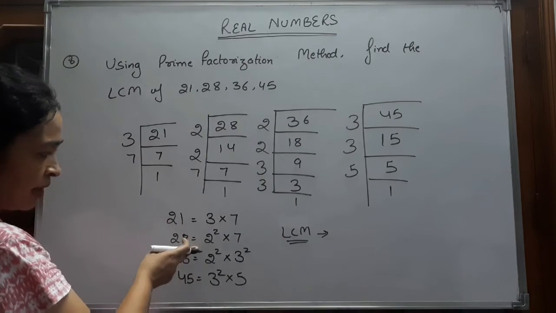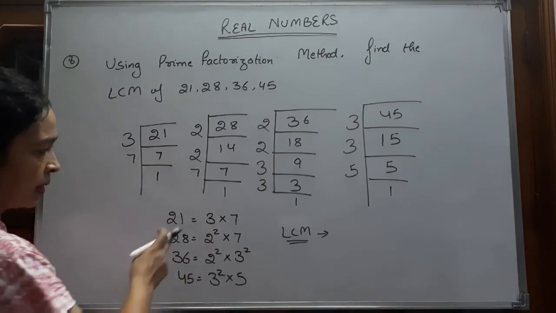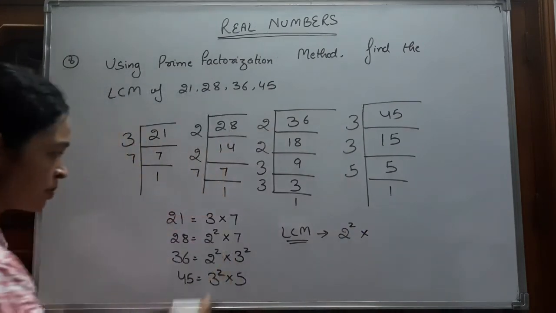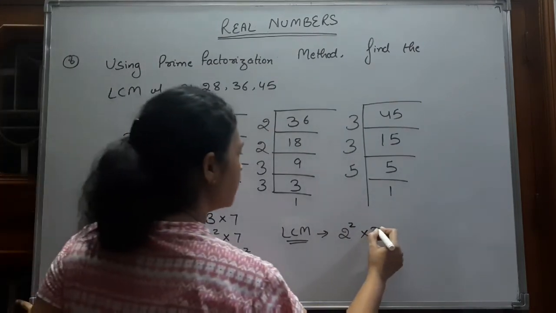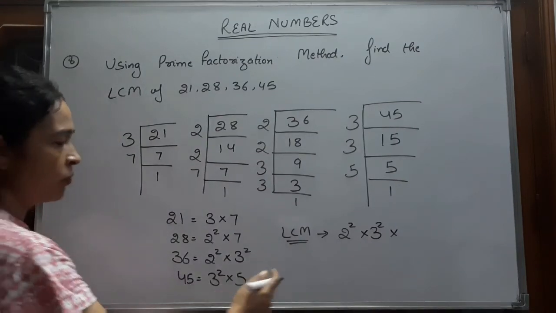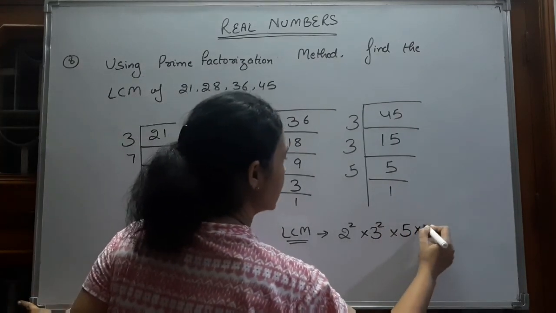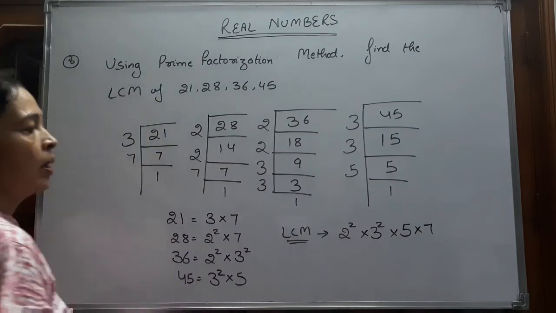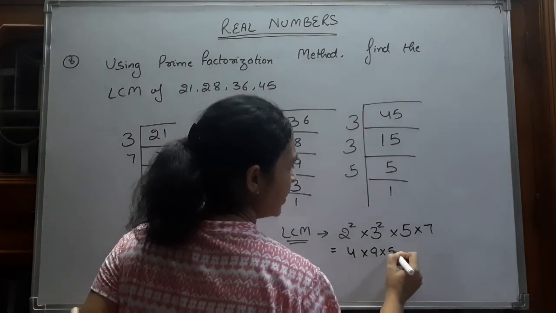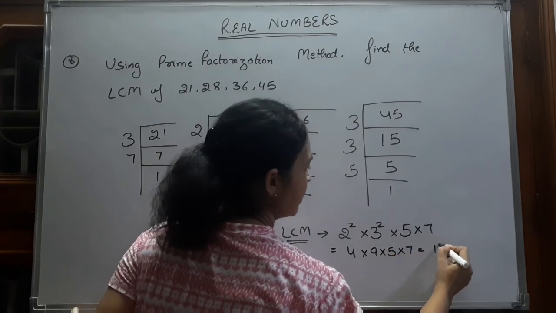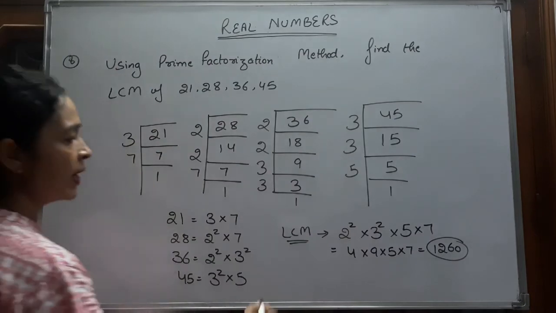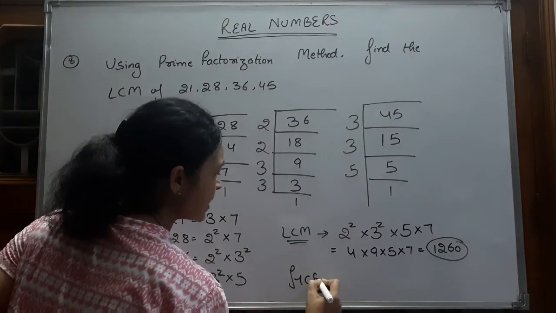How many factors do we have? 2, 3, 5 and 7. The highest power of 2 is 2 to the power 2, into the highest power of 3, 3 to the power 2, into another factor 5 with 5 to the power 1, and we have one 7. Now 2 to the power 2 is 4, into 9, into 5, into 7. 1260 is the LCM.